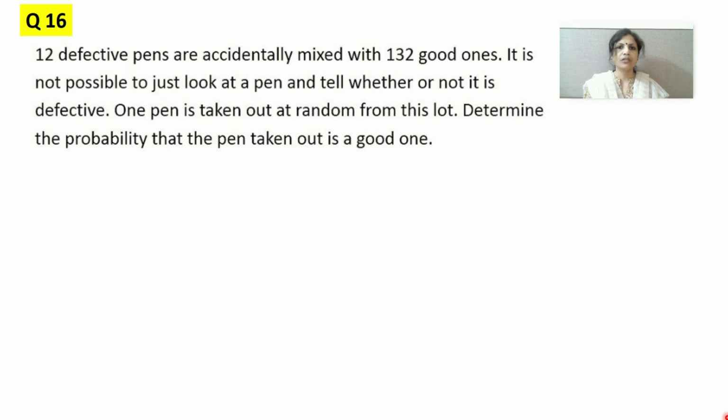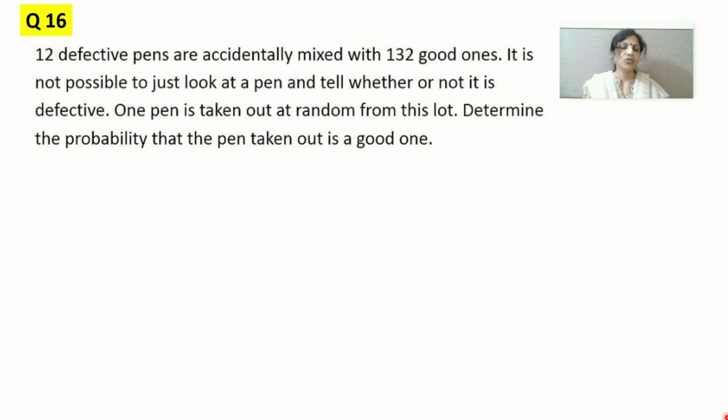It is not possible to just look at a pen and tell whether it's in proper condition or defective. One pen is taken out at random from this lot. Determine the probability that the pen taken out is a good one.